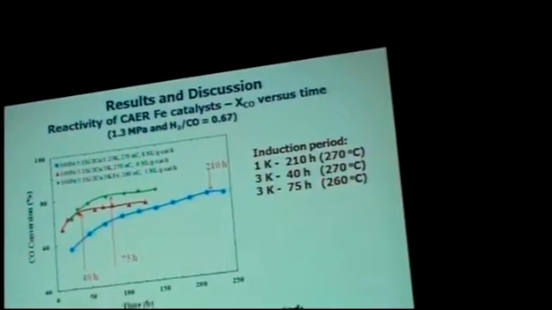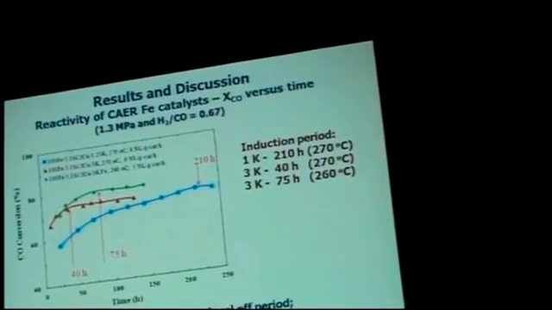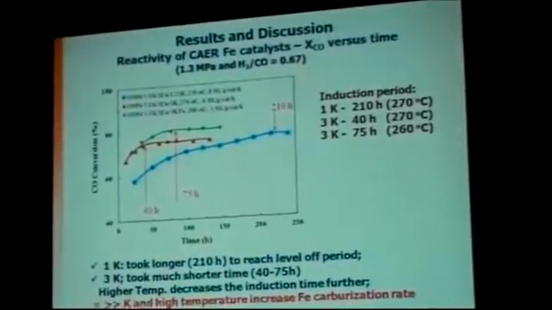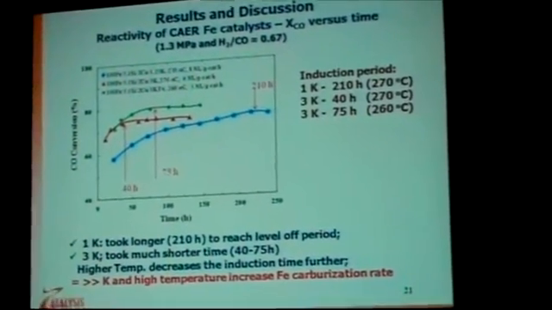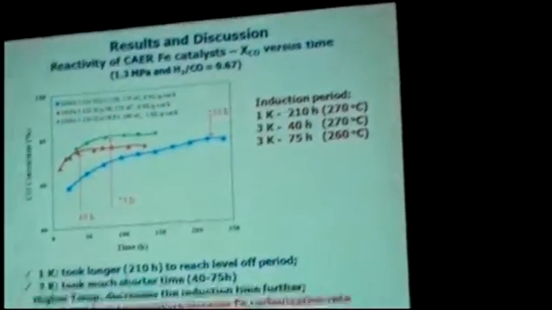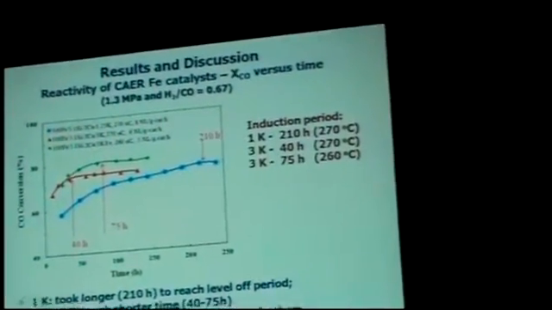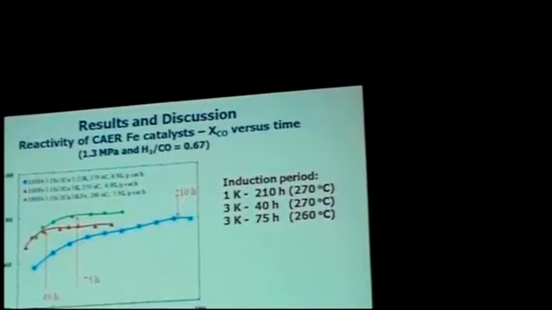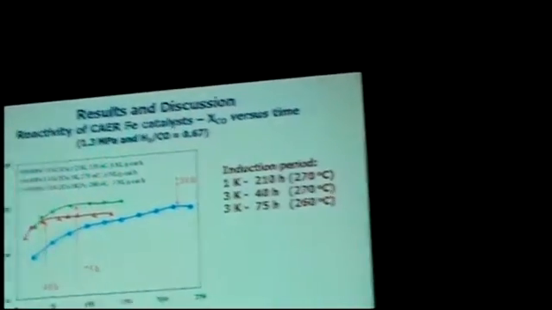As we know, the initial Fischer-Tropsch reaction data usually reflect the iron carbidation status in the reactor. So we conclude that increased potassium loading or increased temperature significantly increased the iron carbidation rate. And these results are apparently consistent with what we discussed using XRD and Mossbauer data just now.